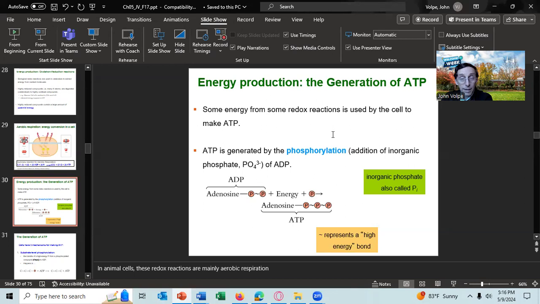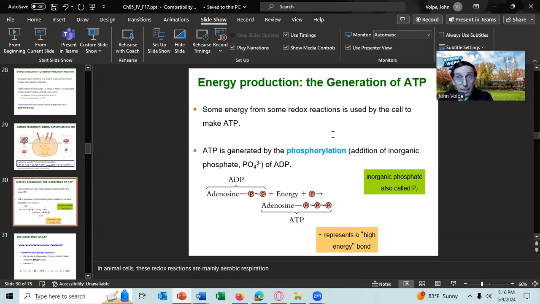All the other redox reactions do not make ATP, at least in our cells. And the only way we can make ATP is through aerobic respiration or through fermentation. And we'll talk about fermentation a little bit later today.